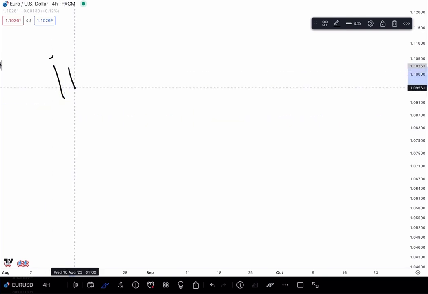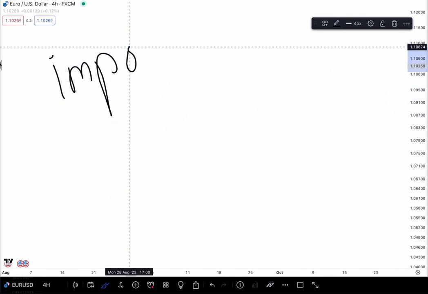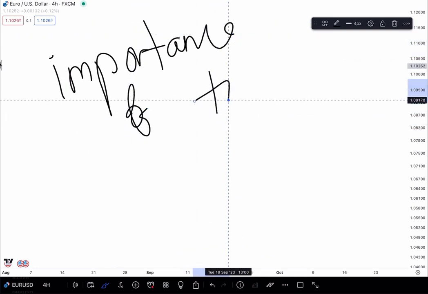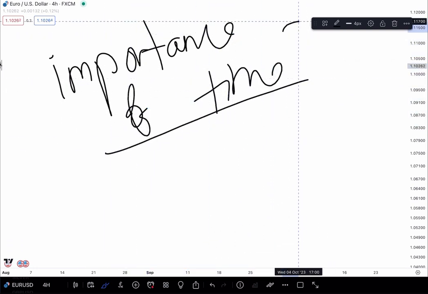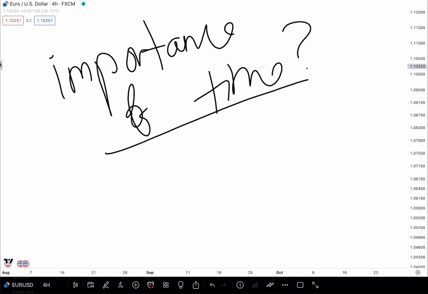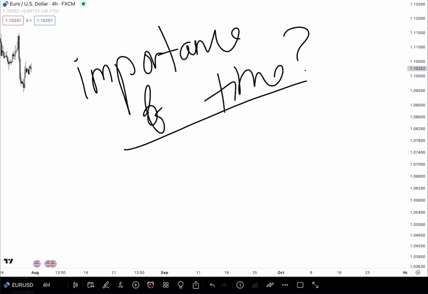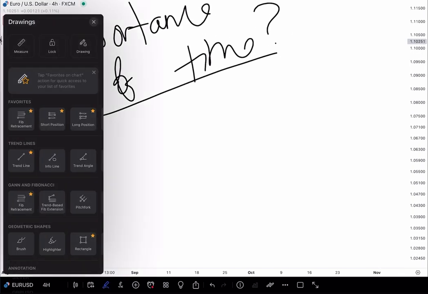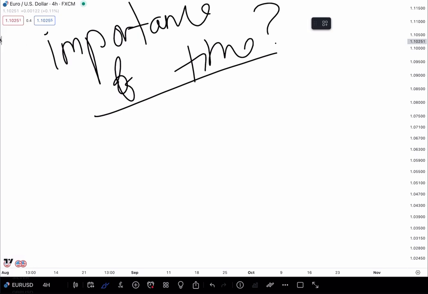The importance of time. Why is time important? To demonstrate the importance of time, I like to use the good old classic, age-old example.